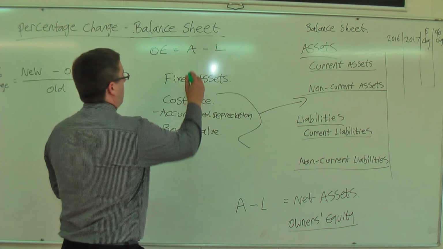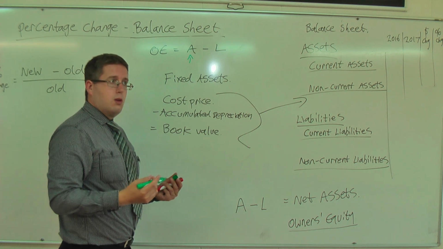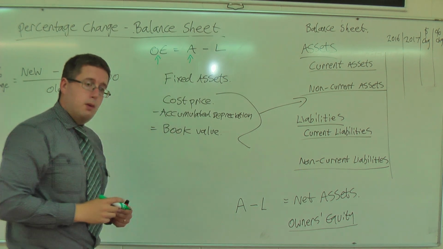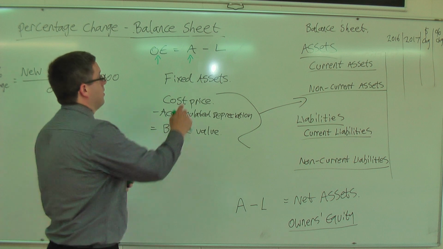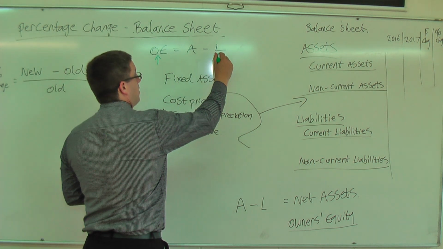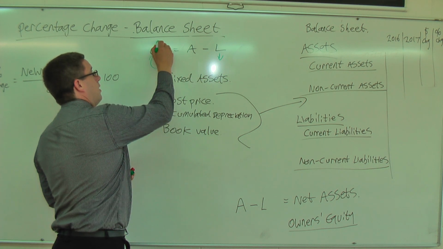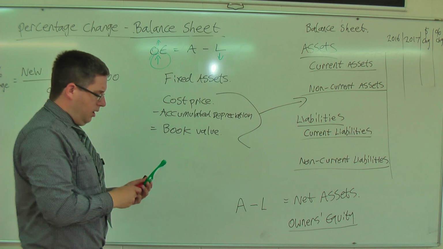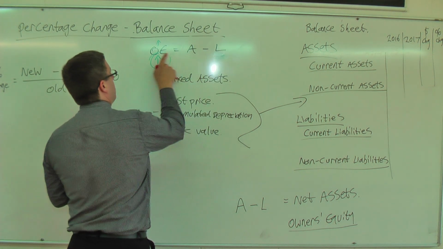Now, if your assets are going up, to make this work, well, very often owner's equity will also be going up. But the other way it can work is that, well, maybe liabilities is going down. Again, owner's equity going up is a favourable thing. Not so favourable is this situation.